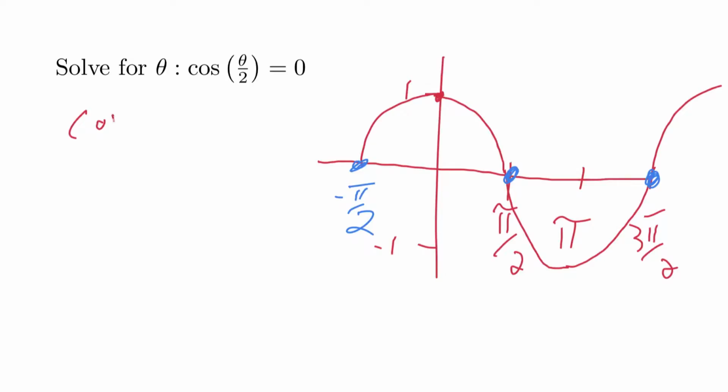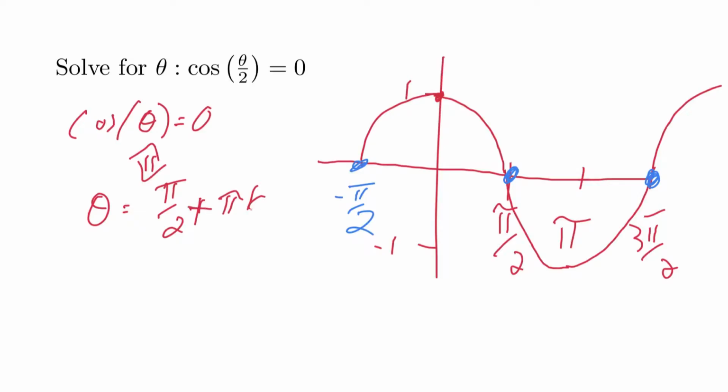So cosine of, let's say, theta equals 0 if theta equals pi over 2 plus pi times k. So then this tells me that I need theta over 2 to be equal to pi over 2 plus pi k.